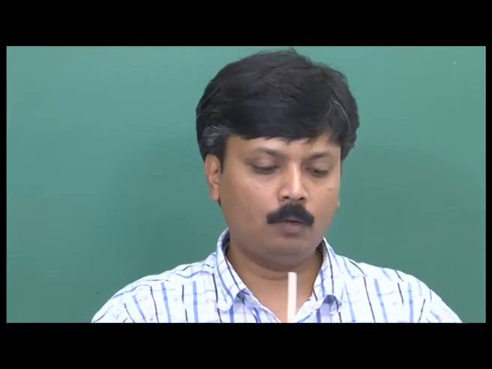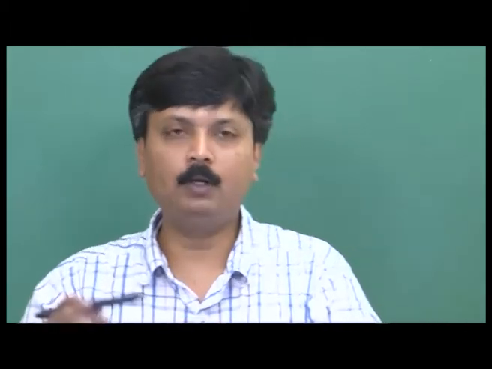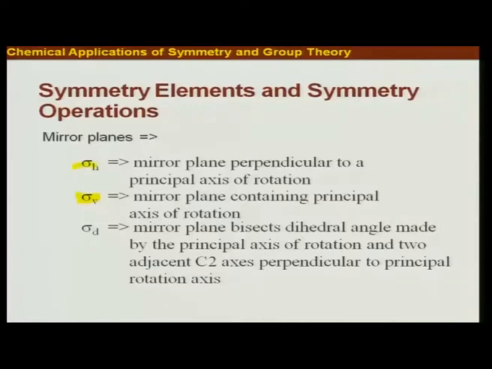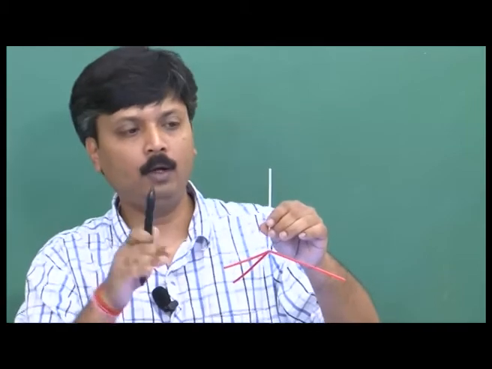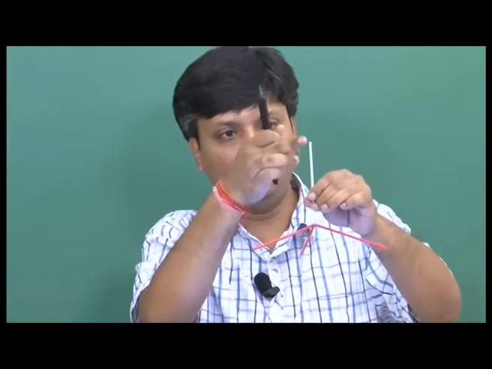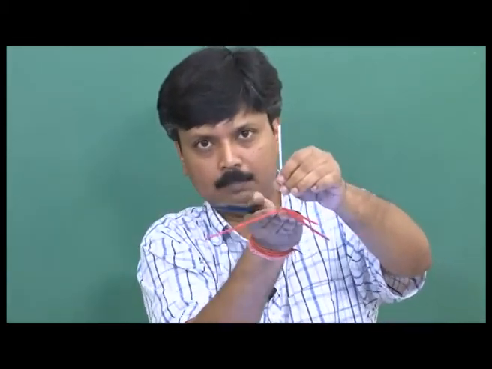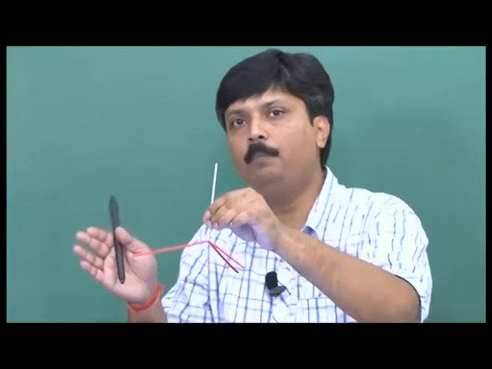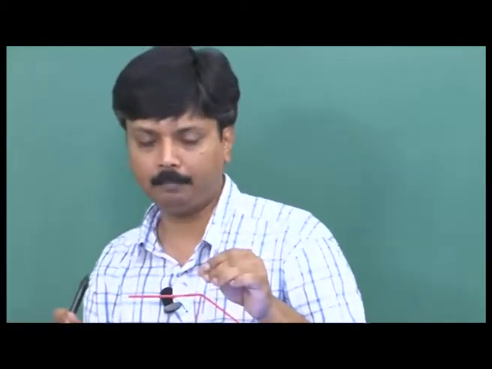Now let's have a look at what is sigma H. Sigma H is the sigma plane which is perpendicular to the principal axis of rotation. Suppose I have a sigma plane perpendicular to this axis, lying in this plane, that would be a sigma H plane.